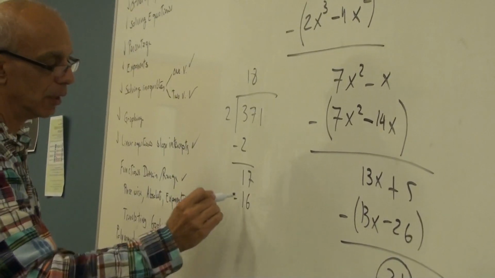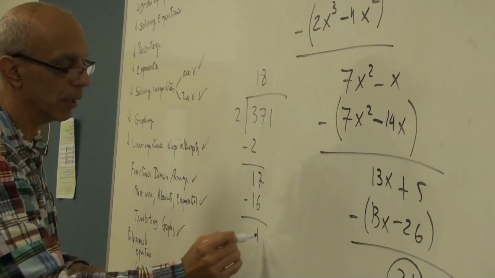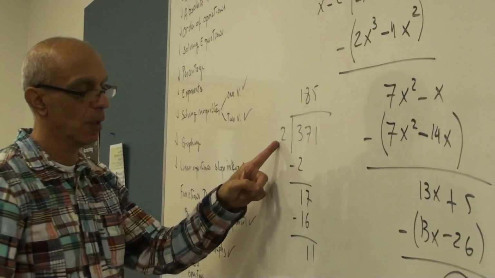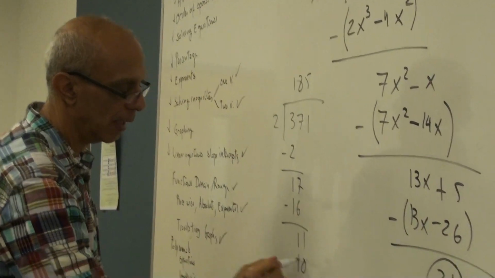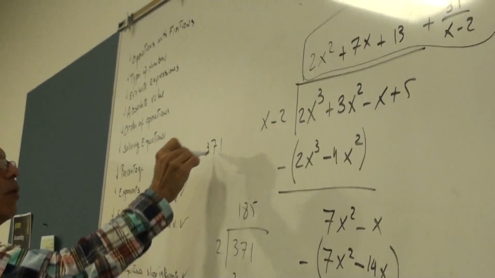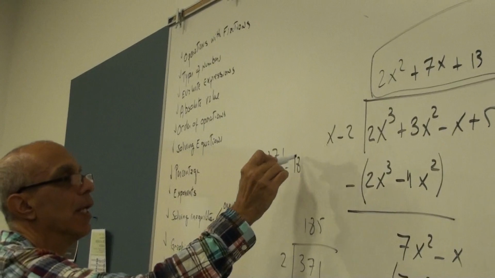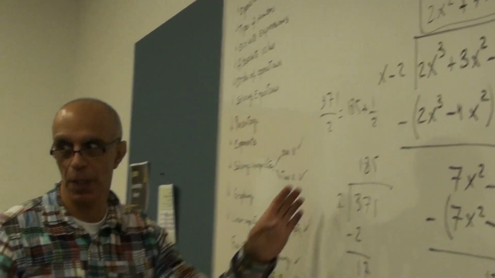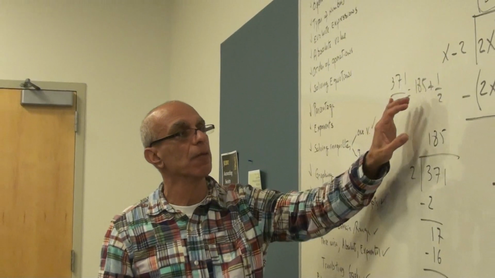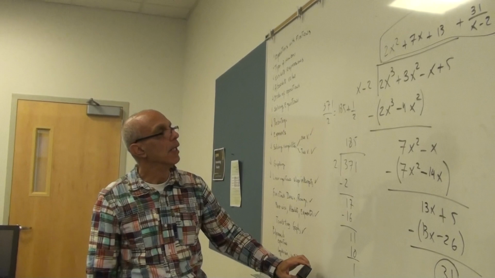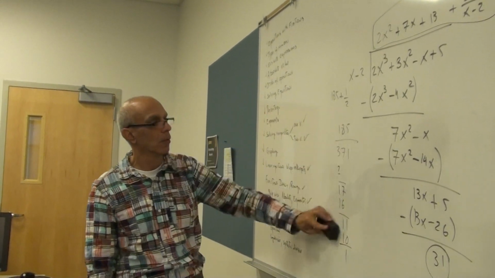Now I have 16, subtract, and then 1, bring another 1 down. Now 5, and then I have here 10, and 1 is the remainder, so 371 divided by 2 is 185 plus 1 over 2. Okay? All right? So, we covered that.